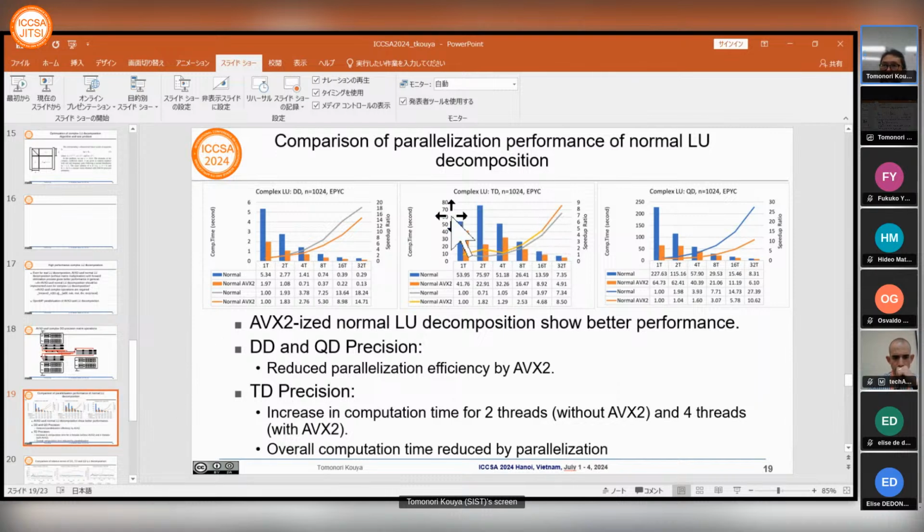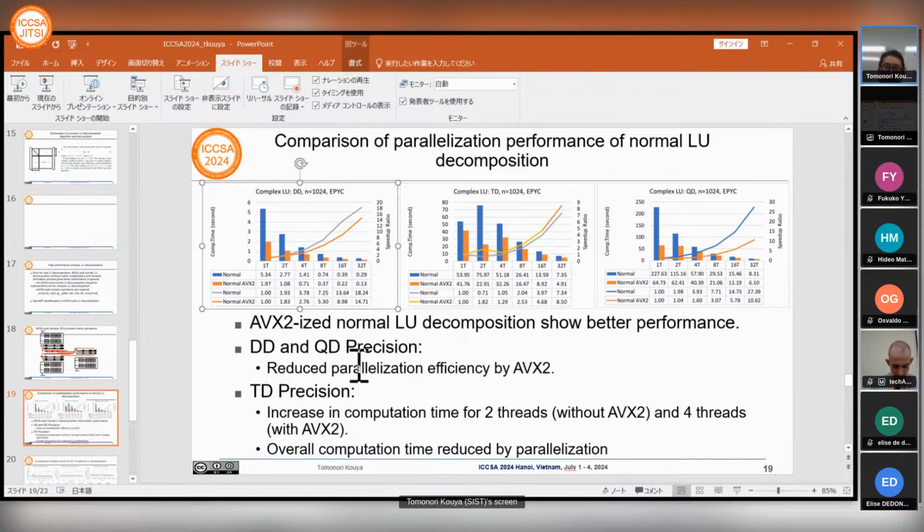Normal, as we explained previously, means no use of matrix multiplication. So in double precision, triple precision, and quadruple precision, simulation shows a better performance, especially in double and quadruple precision.